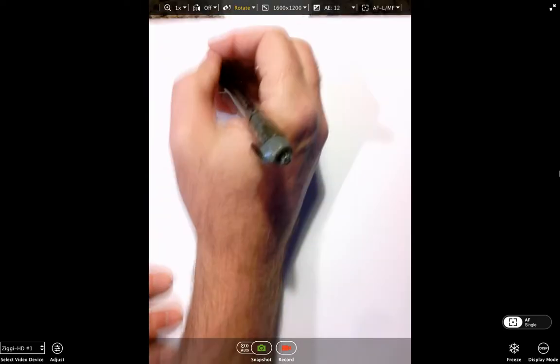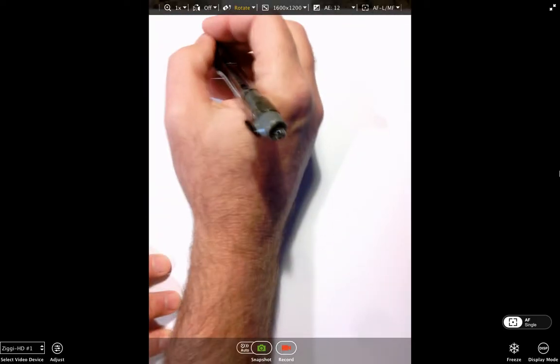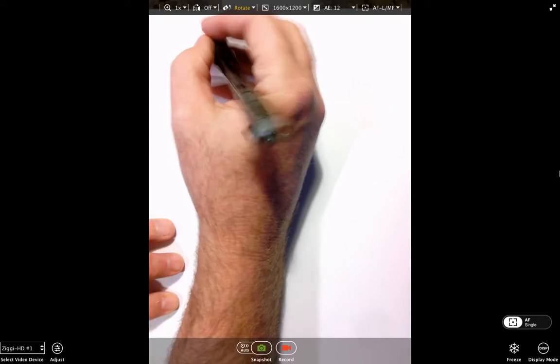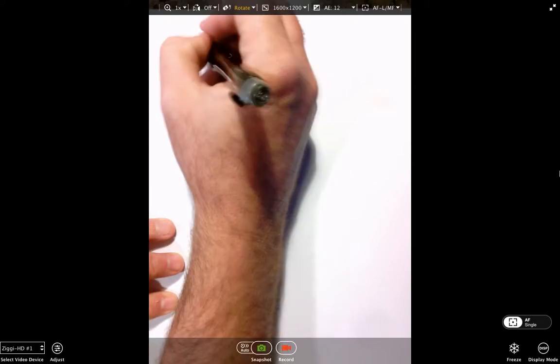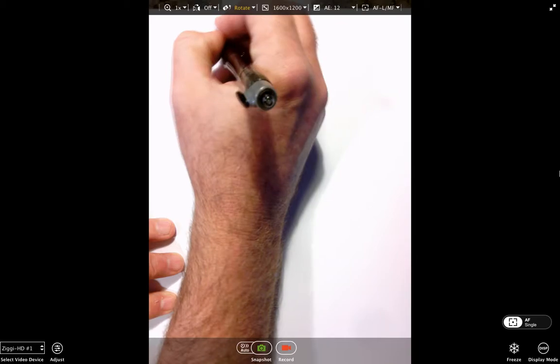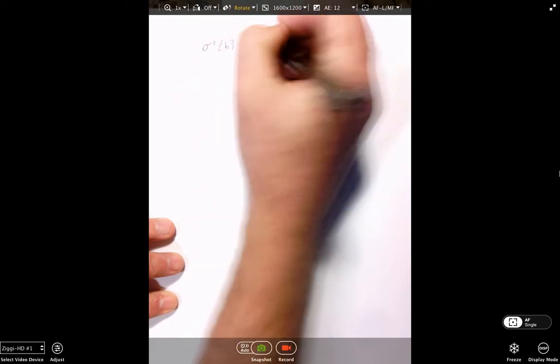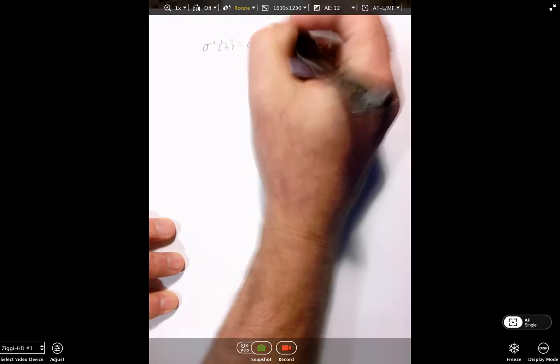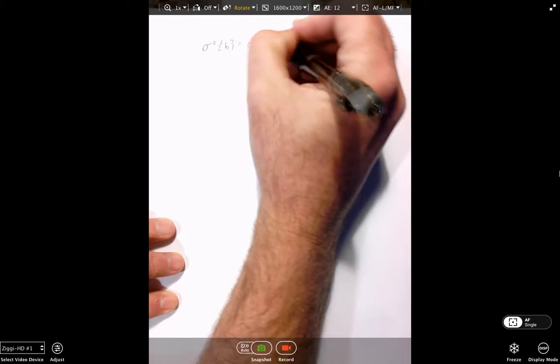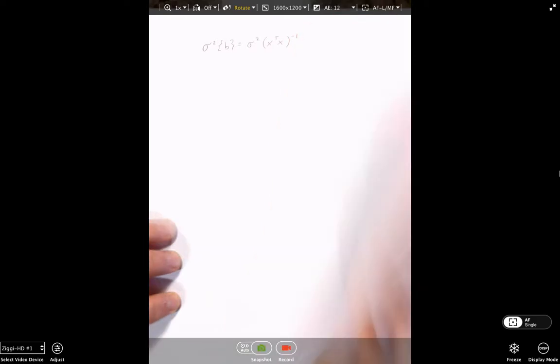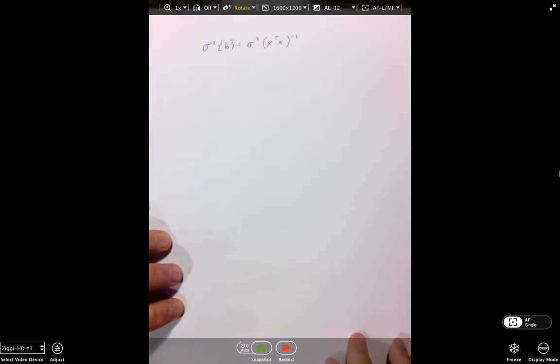All right, guys. So let's do some work. So we have again that the variance of our regression coefficients is this.